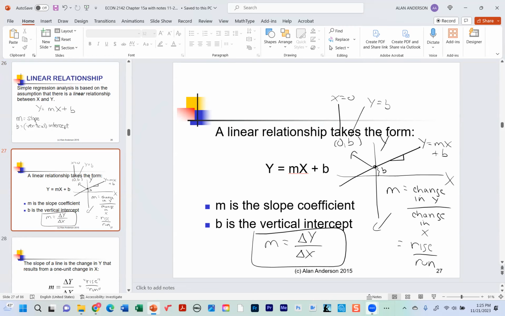Or you might remember in high school, sometimes they call it the rise over the run. Okay, so this is the rise, and this is the run. That's not very formal though. That's informal, just to help you remember what it looks like. But basically, it's delta y over delta x, and that's what we're normally interested in with regression analysis.